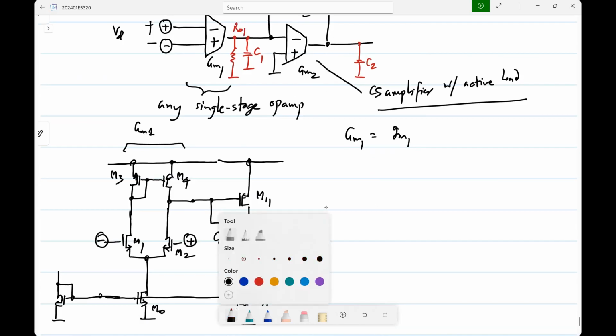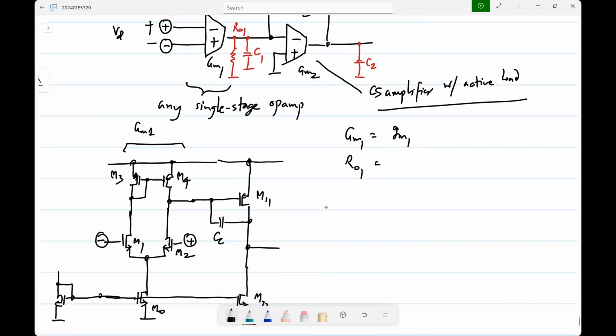So what is RO1? Basically, it is the output resistance of the differential pair, which using my usual notation, I'll write as RDS1 parallel RDS3.